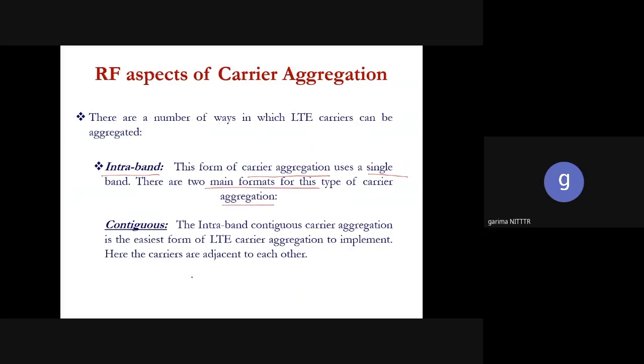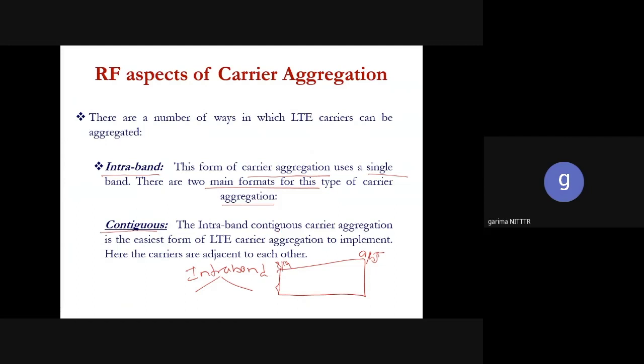So you have intra-band, and in that intra-band you are using, suppose, 890 to 915 as a band. This is a single frequency band, and in that single frequency band you are combining your component carriers. In intra-band, they have two processes: one is contiguous, another is non-contiguous.